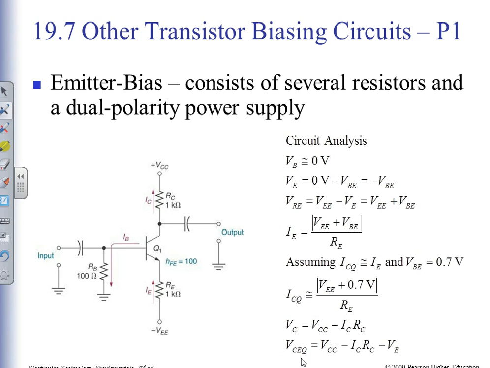And I can figure out what the voltage collector to emitter is going to be at the Q point, and what the current is going to be at the Q point. And I'm probably doing this working backwards. I've already drawn the DC load line. I know where my Q points are. Now, what do I want to use for my resistors? That is probably why I'm using that.